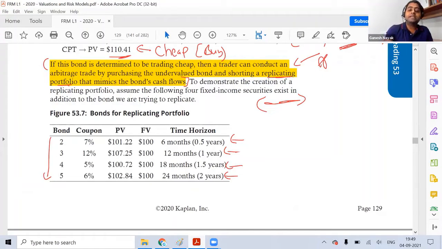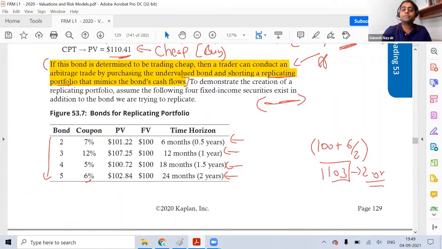Can we realize that it is going to give me $100 principal plus 6% divided by 2, so 103 at the second year? Everybody is able to register that the 5th bond is going to give me $103. If I purchase this bond entirely, $103 is what I will get at time 2.